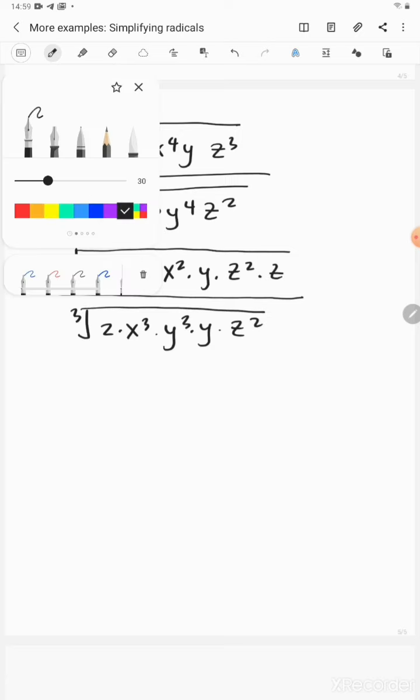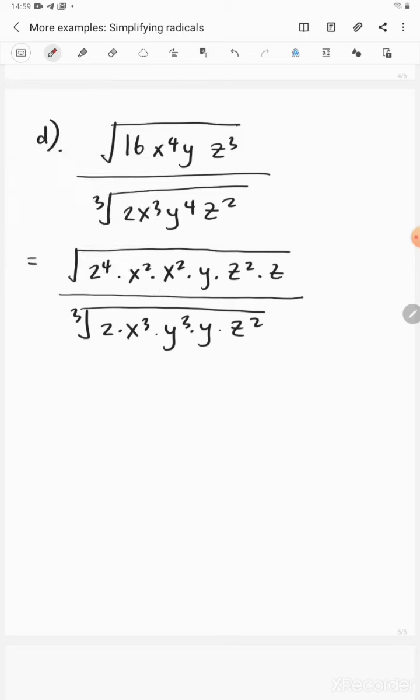So which one will be taken out? From this root, we can see here we actually have power of 2, so we can take out 2 power of 4, and also x power of 2, x power of 2, z power of 2. And for the cube, we can take out x power of 3 and y power of 3.